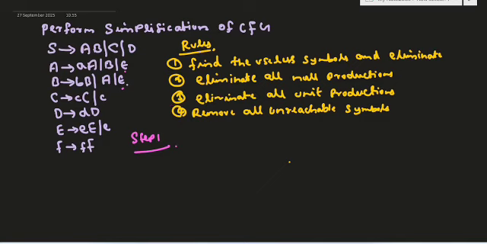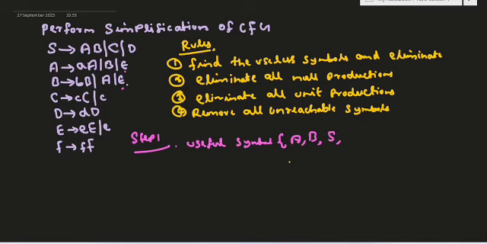So both A and B generate terminals, since epsilon is also a string. So the useful symbols are A and B, and S actually derives A B, so S is also a useful symbol.